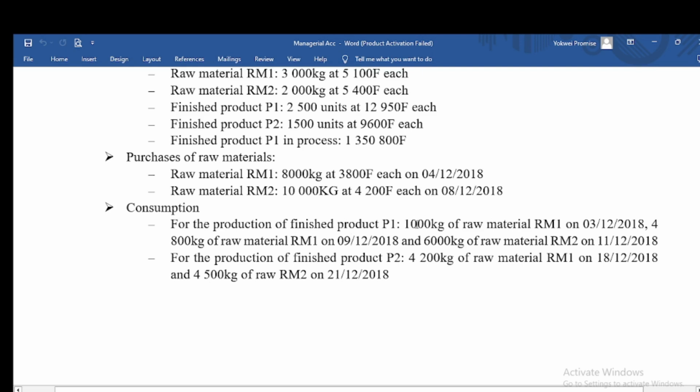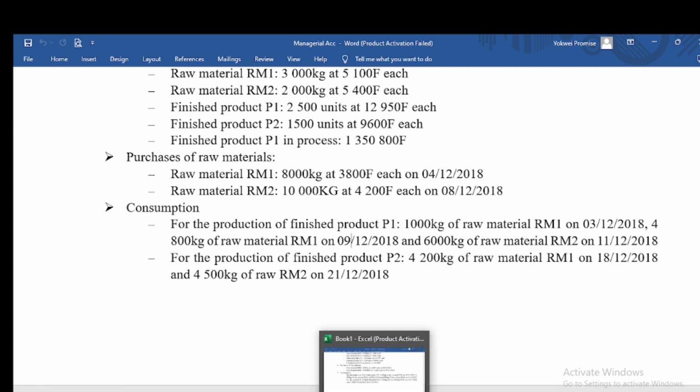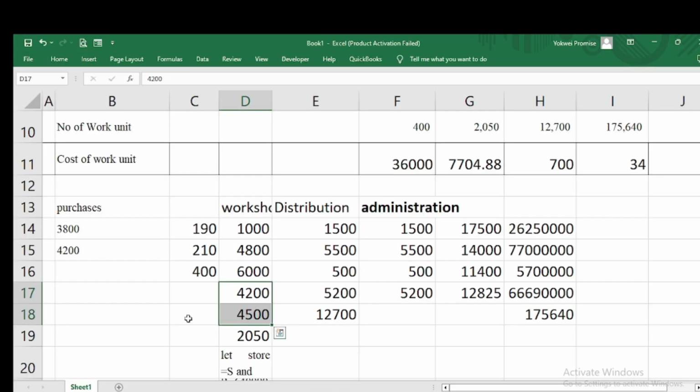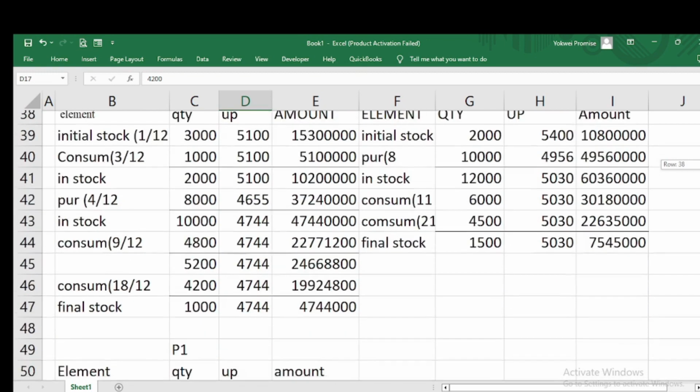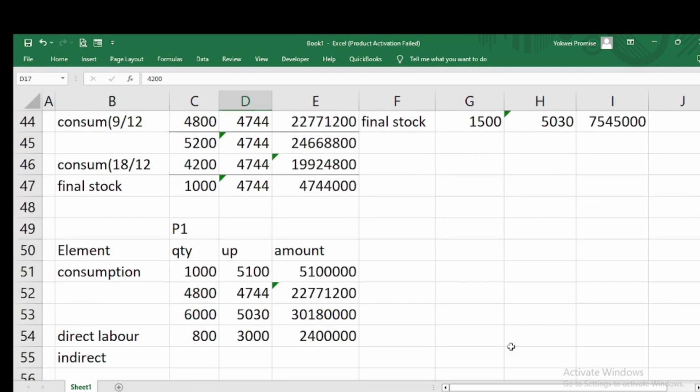So when you take 1000 plus 4800 plus 6000, we are going to have 11800.